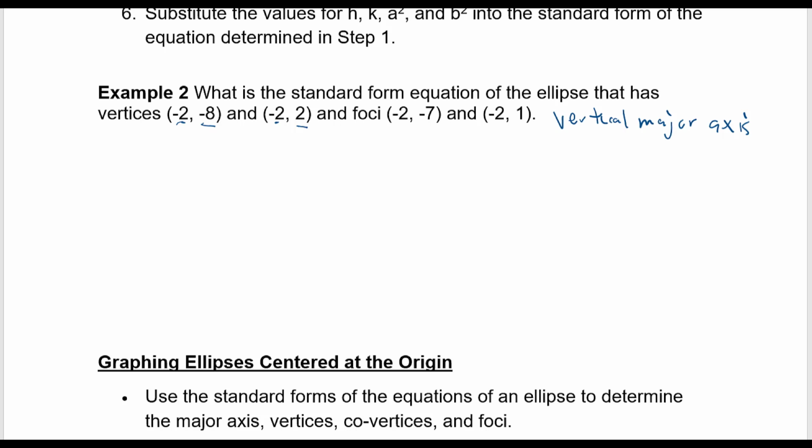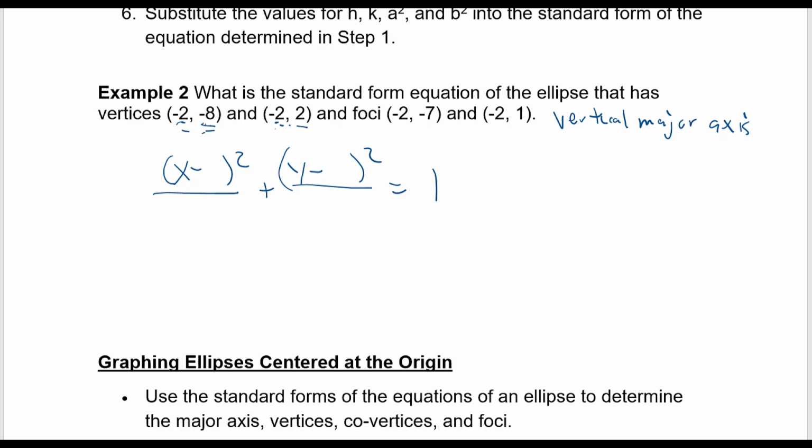So it's going to be (x minus something) squared over something plus (y minus something) squared over something equals 1. So we need to find 1, 2, 3, 4 pieces of information. And pretty quickly we can find the center. We can find the h and the k. It's going to be this midpoint here.